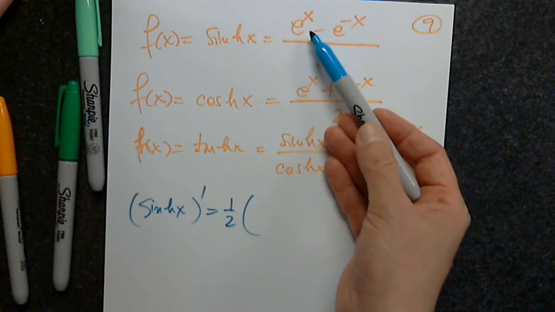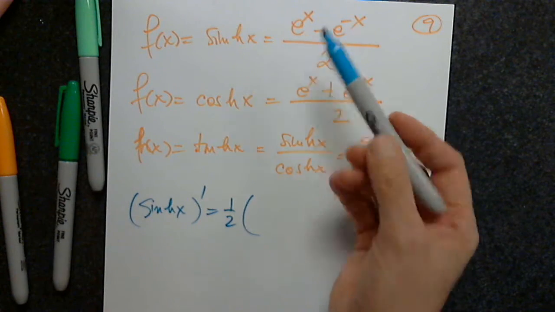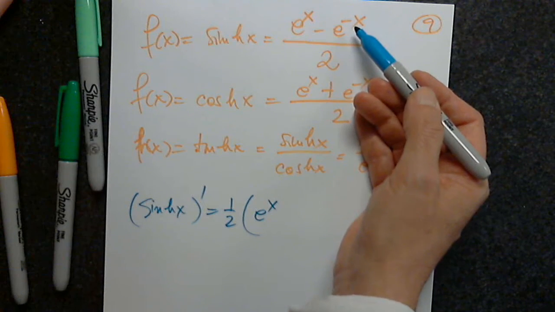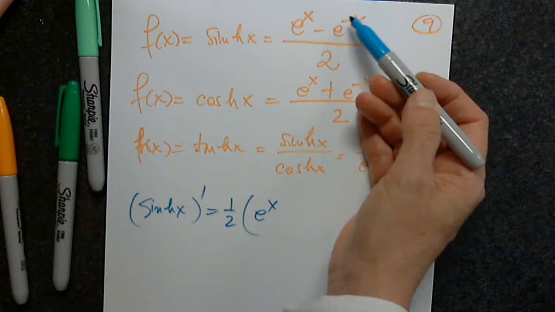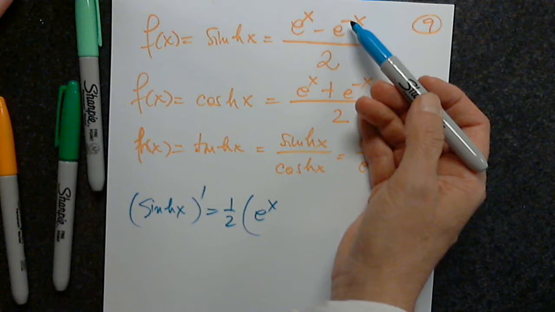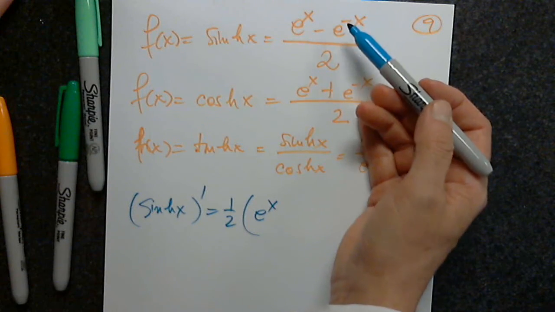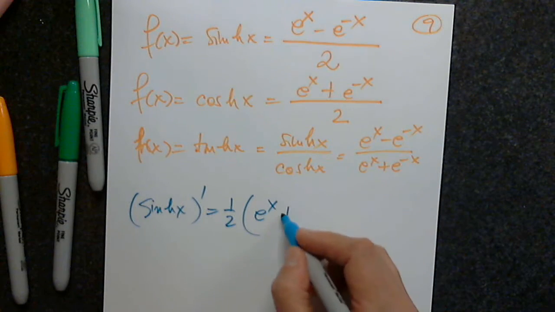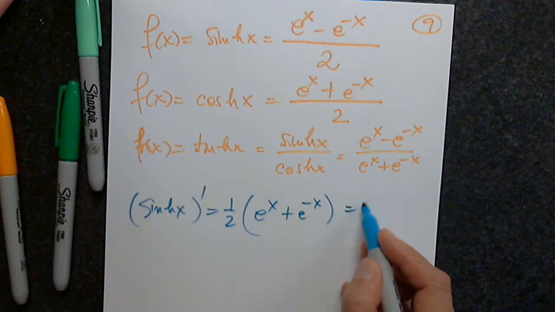So when I differentiate e to the x, what do I get? Very good. And then when I differentiate e to negative x, be very careful because the power is not plain x. So I have to differentiate as an inner function. So it'll be negative e to negative x with minus in front. But what is this?